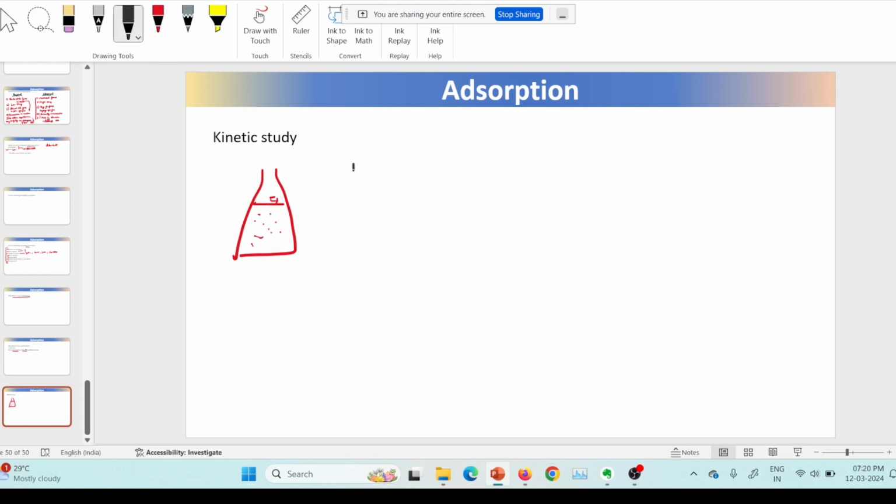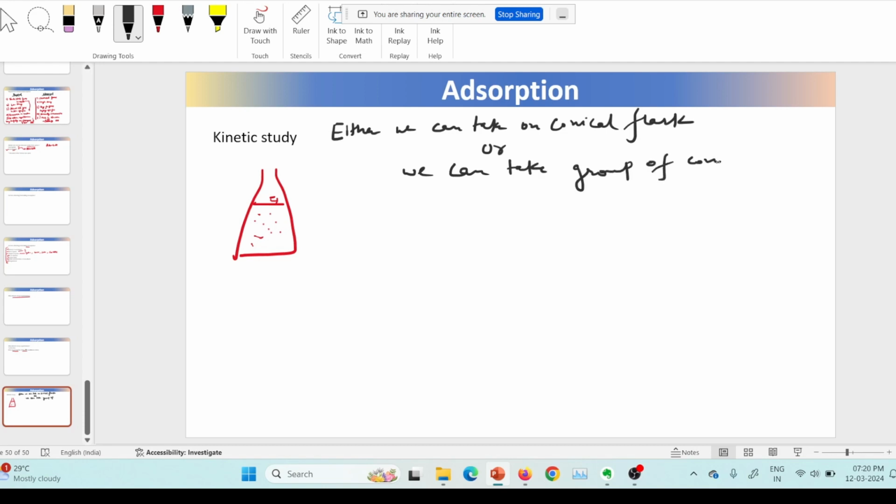We can take either one conical flask or a group of conical flasks.